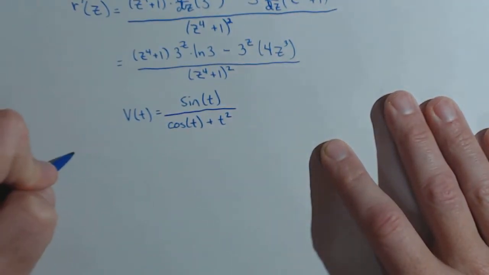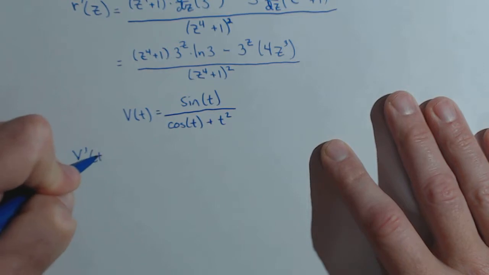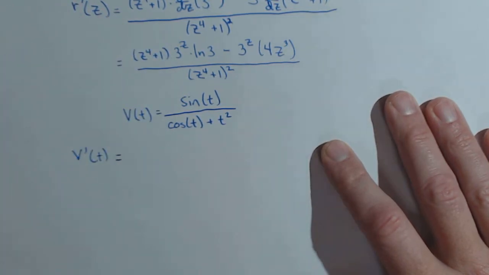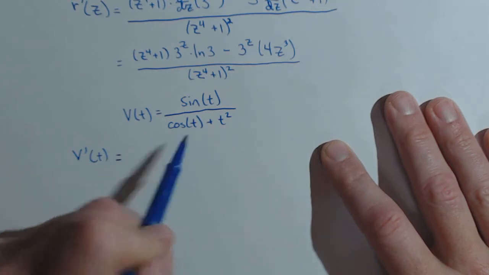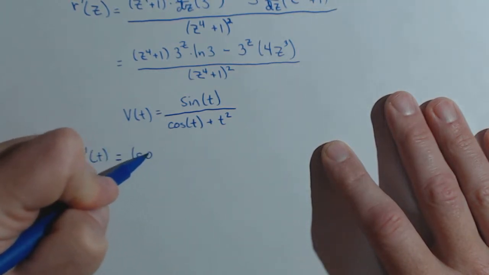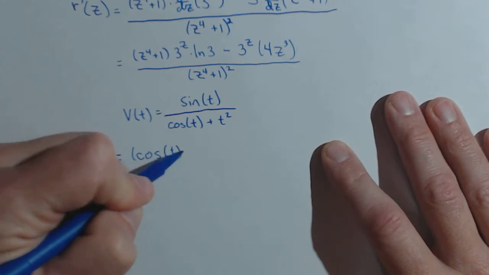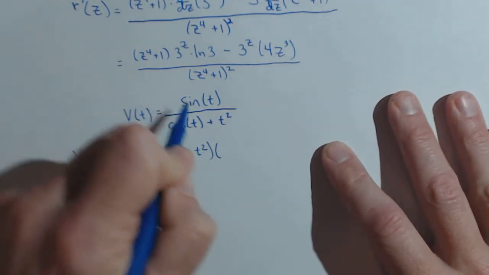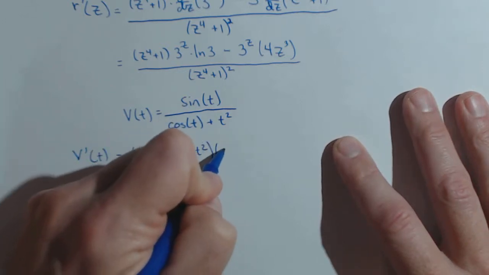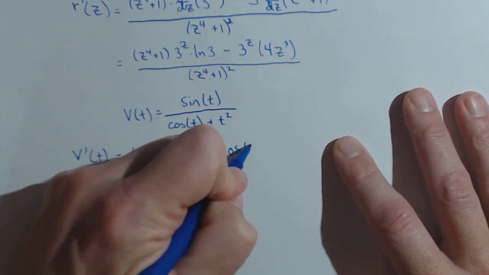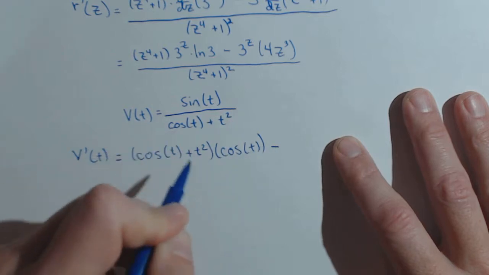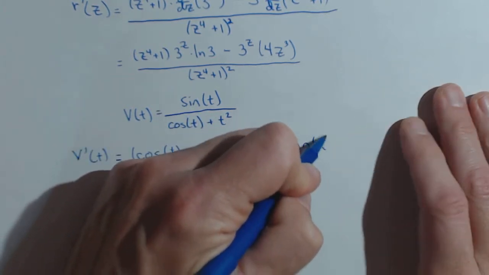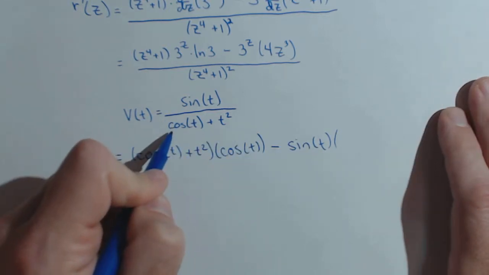So let's try this second one, v of t, and I'm not going to use the d/dt notation this time. We're going to do it all at once. So v prime of t is the denominator, so cosine of t plus t squared, times the derivative of the numerator. Derivative of sine is cosine, minus, now we'll leave the numerator alone, sine of t times the derivative of the denominator.